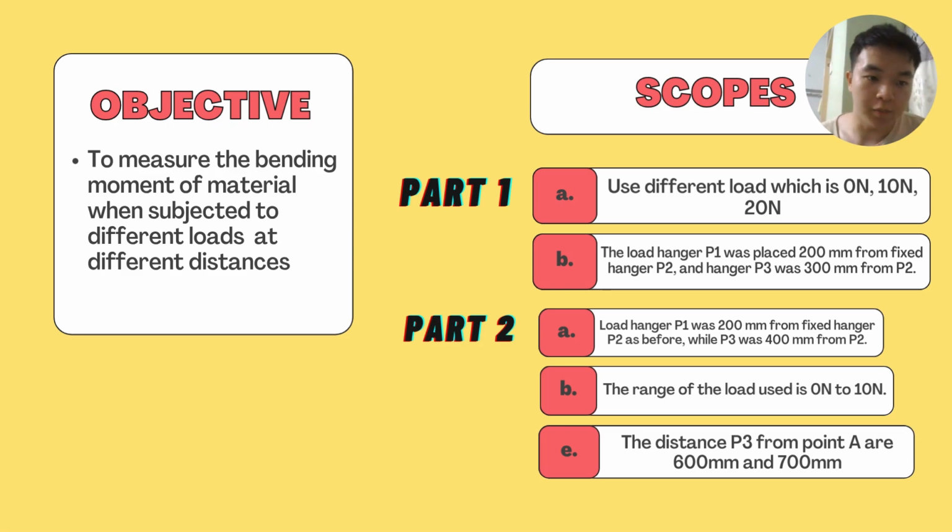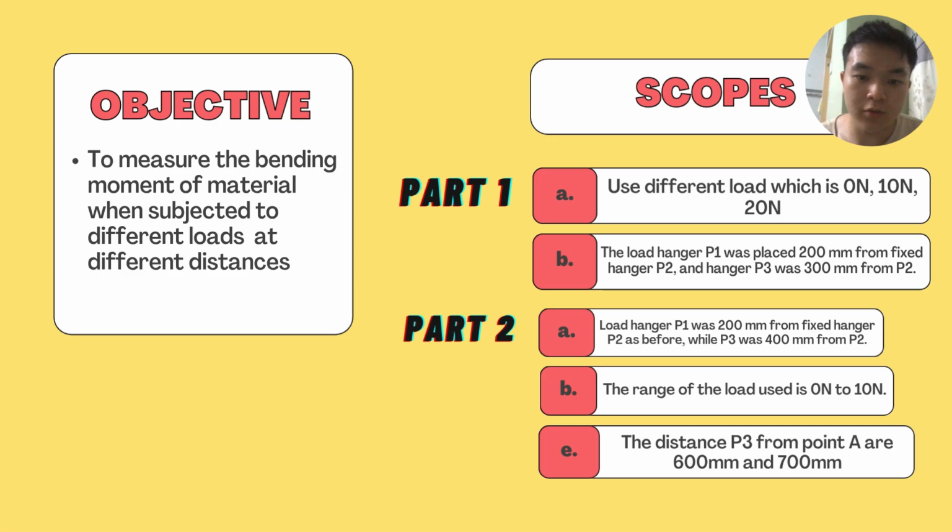The objective is to measure the bending moment of material when subject to different loads at different distances. As for the scopes, we have two parts. In part one, we use different loads, which are 0 Newton, 10 Newton, and 20 Newton.